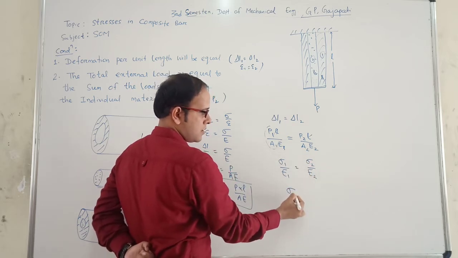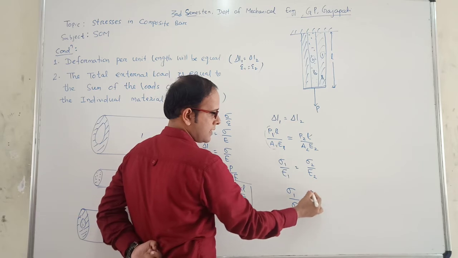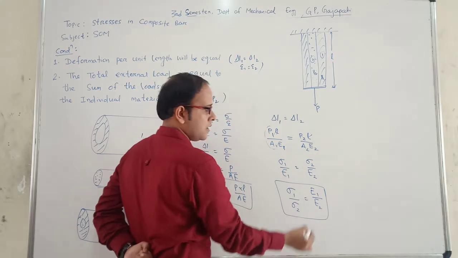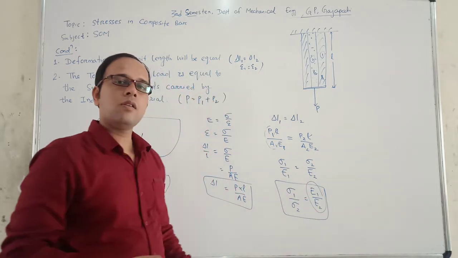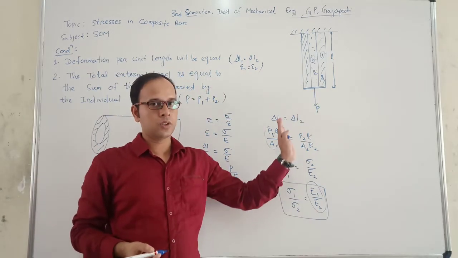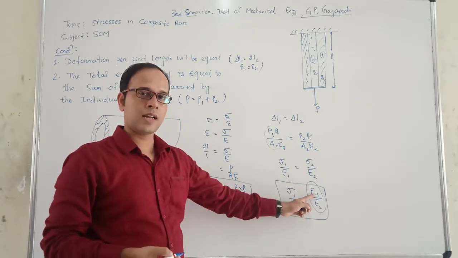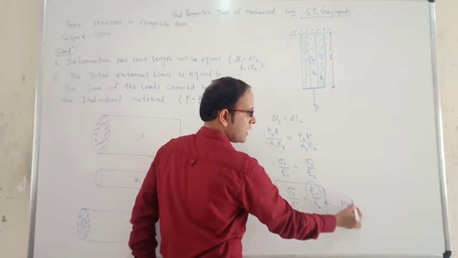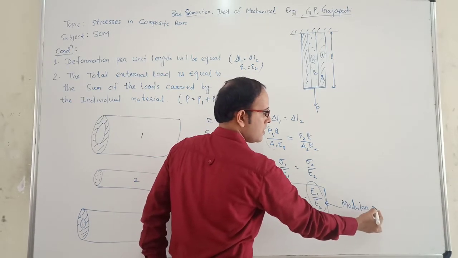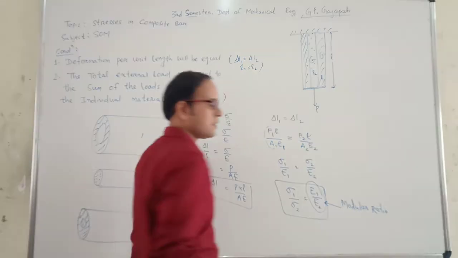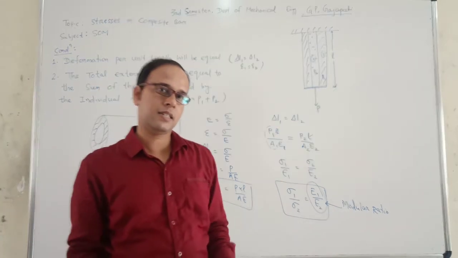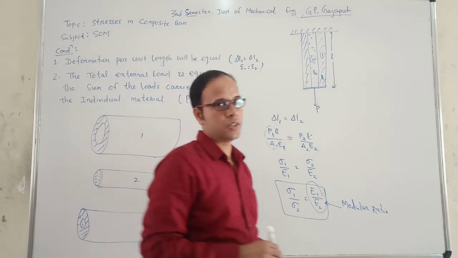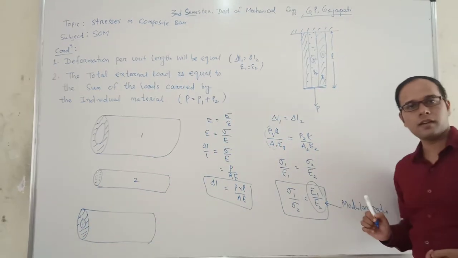On this side, sigma 1 by sigma 2 is E1 by E2, the ratio of Young's modulus of the two materials. This ratio E1 by E2 is known as modular ratio. It is the ratio of Young's modulus of elasticity of the two materials of a composite bar.